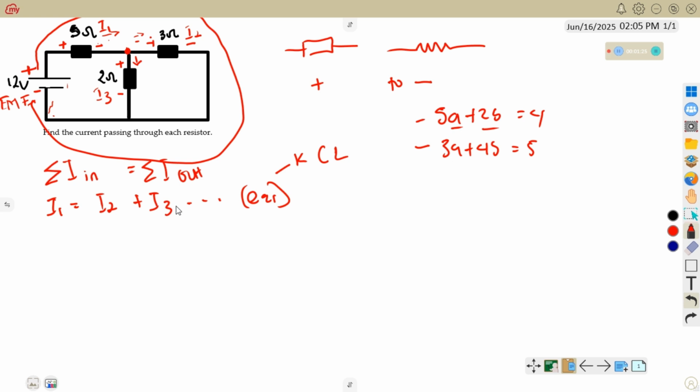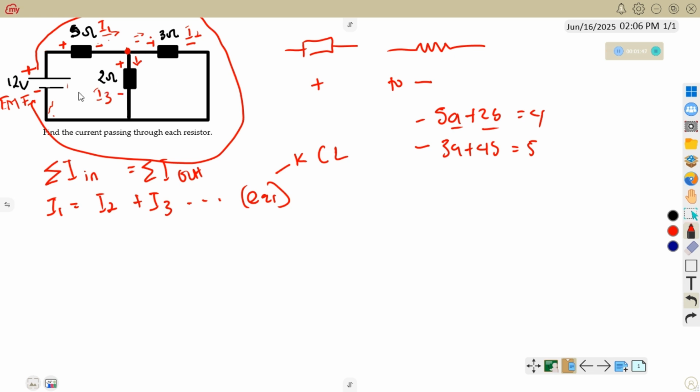Kirchhoff's voltage law tells us that for a particular loop, the sum of all the voltages should be equal to 0, right? If you look at this diagram very well, we have 2 compartments: the first box here and the second box joined together.